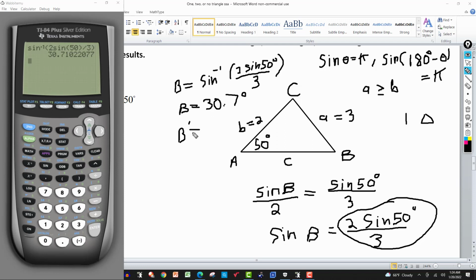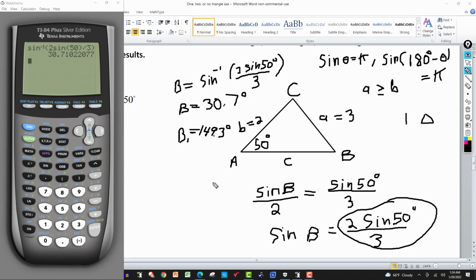Let me call it B1. So if I subtract 30.7 from 180, I get 149.3 degrees.